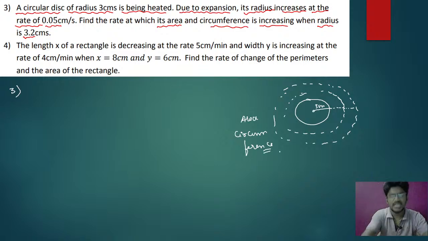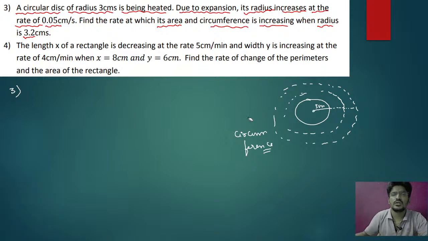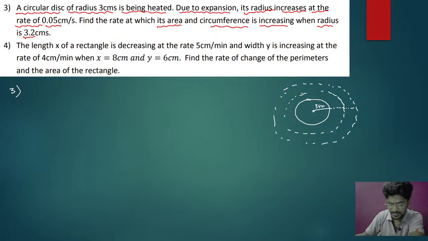No problem. Let us solve this. I think now you have understood the problem. There is a circle which is changing its radius. Take the area of the circle as A. Area of the circle is pi r square.